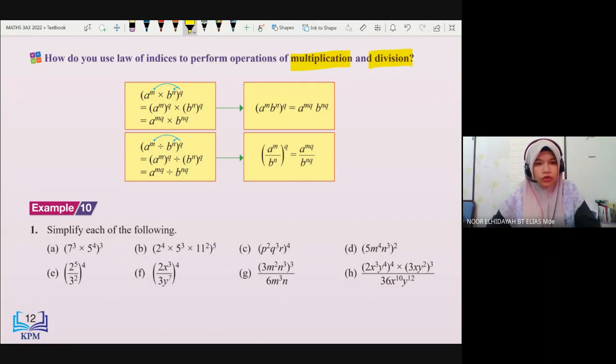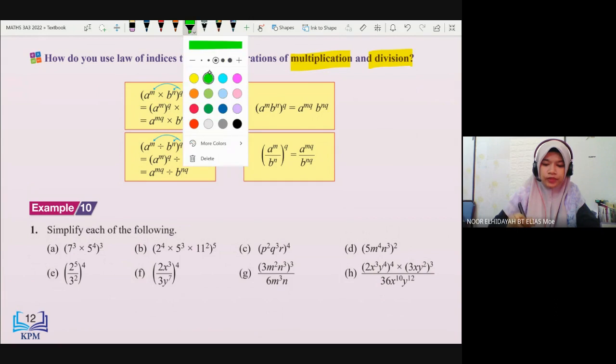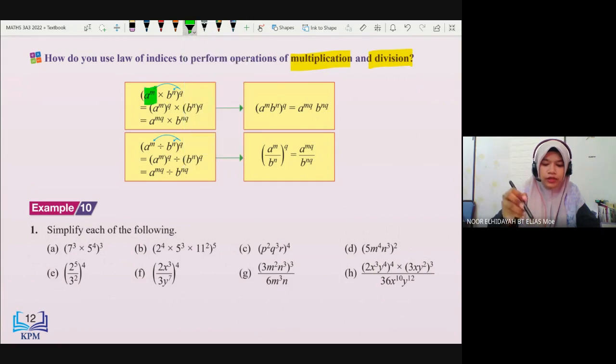A to the power of m times, okay, kejap. A to the power of m times b to the power of n, to the power of q. Just like you have done in algebraic, for the factorize, the expansions of algebraic equations, setiap yang dalam bracket dia mesti darabkan dengan di luar. Begitu juga untuk index.